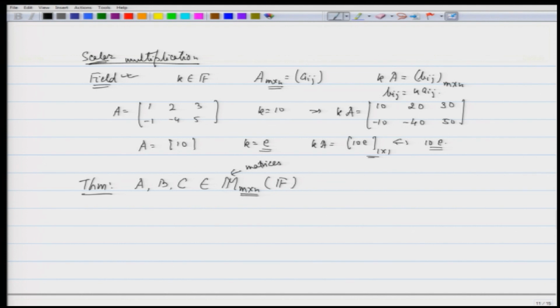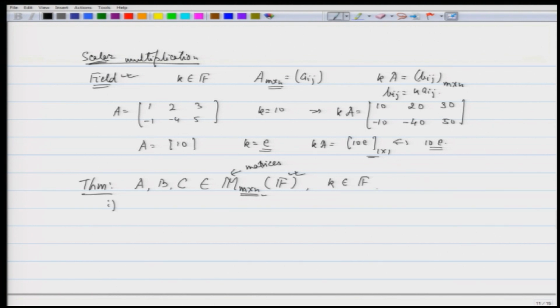Again you see that I have got 2 vertical lines, 1 extra vertical line. So, that indicates that I am looking at a set. It is a set of matrices which have m rows, n columns, and the scalars are going to come from the set F. Fine. So, I have these, and I also have a scalar k which is coming from F itself. Then the following holds.